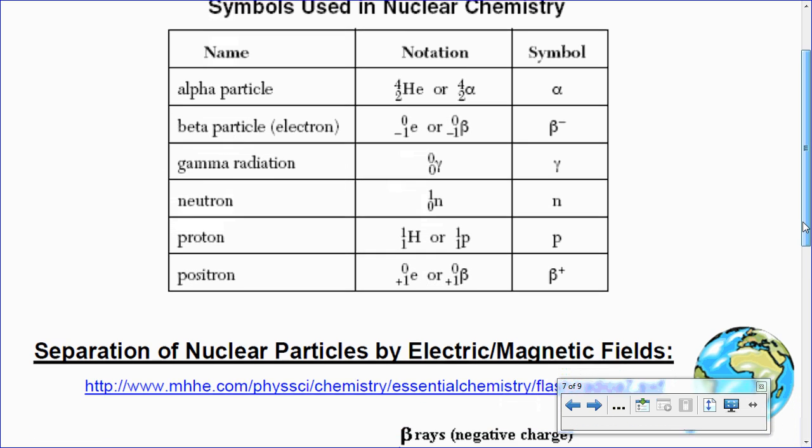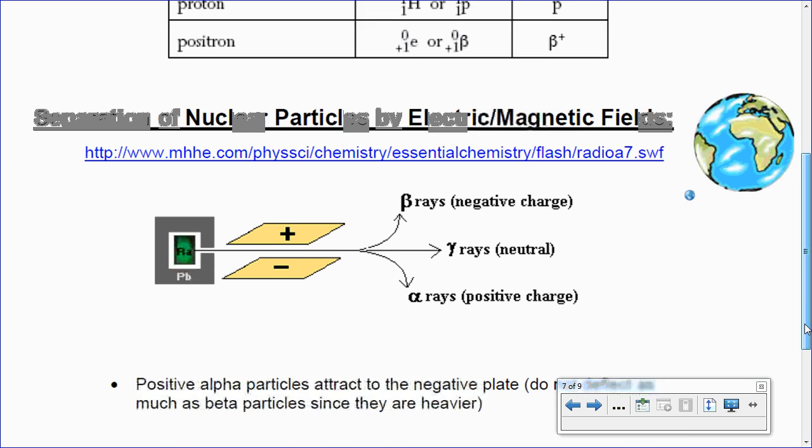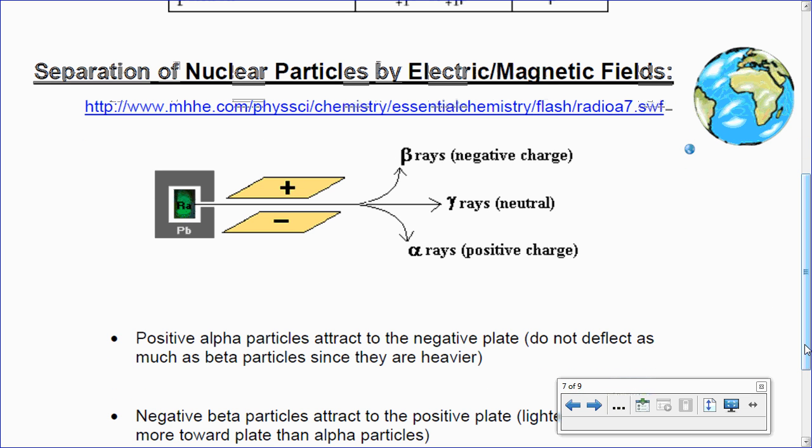These nuclear particles were originally discovered by passing a radiation source through electrically charged plates. The positively charged particles would be attracted to the negative plate, and the negatively charged particles would be attracted to the positively charged plate, and the neutral particles, like the gamma rays, would go straight through. They wouldn't be diverted at all.